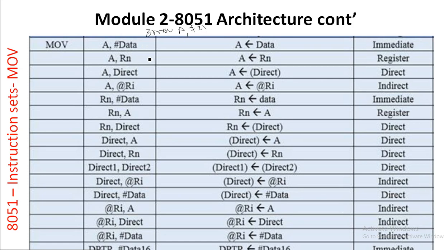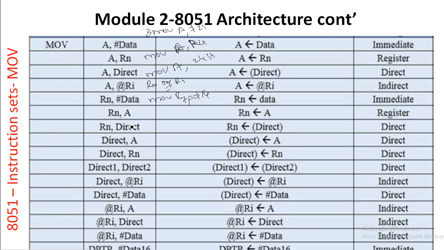MOV A, Rn, where n can be 0 to 7, for example MOV A, R4. MOV A, direct, for example MOV A, 24H: from the location 24, data will be copied to accumulator. MOV A, @Ri, where Ri can be R0 or R1 as we discussed in register indirect addressing mode. MOV Rn, #data, any register, for example MOV R7, #14H: number 14 will be copied to any register R0 to R7.